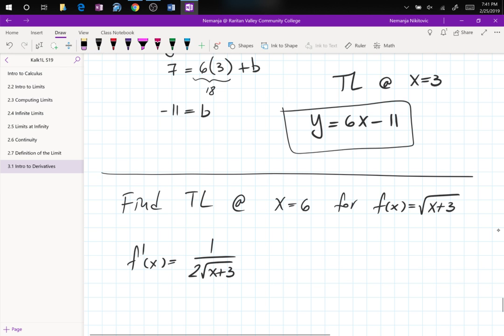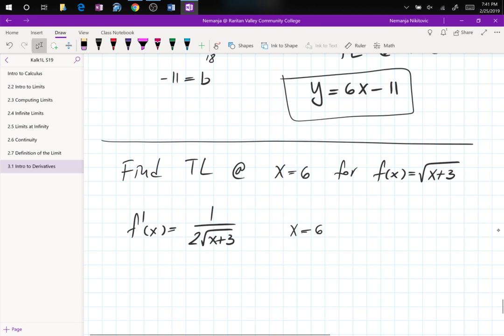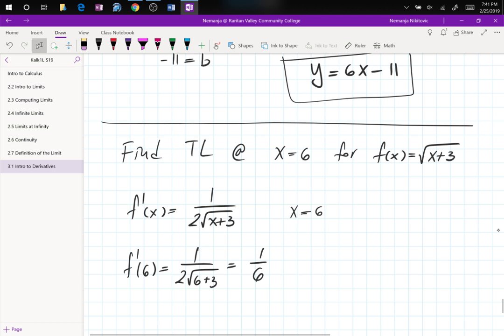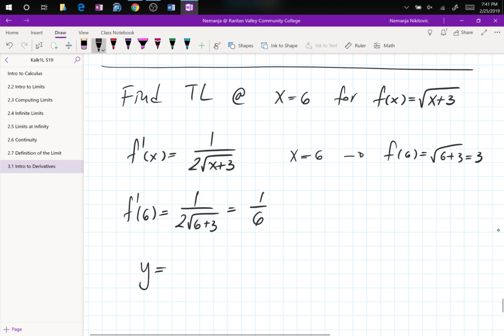And I have that x is 6. So f prime computed at 6 is 1 over 2 times square root of 6 plus 3. That's 1 over 6. And f of 6 is square root of 6 plus 3, which is 3. So just plug everything into y equals mx plus b.